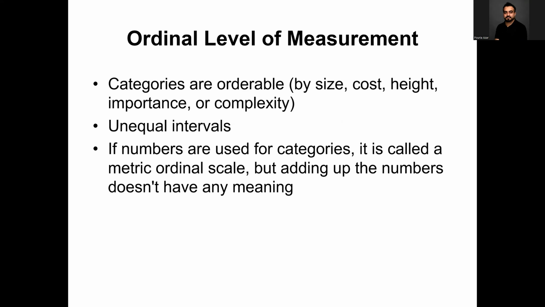I can say less than high school, I would assign 1. High school 2. Above high school is 3. College graduate is 4, and etc. I can assign numbers for those categories, and that's called metric ordinal scale. But can I add up those numbers? Does it mean anything? It doesn't mean anything.